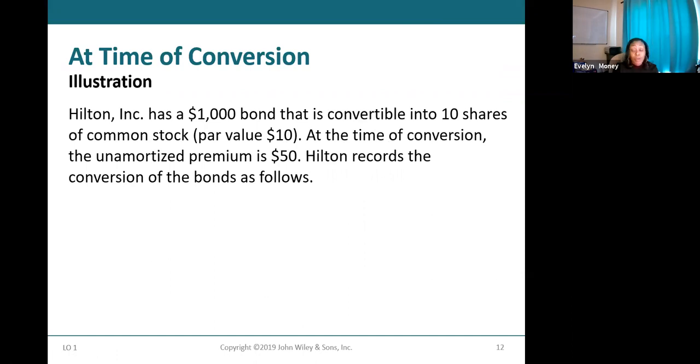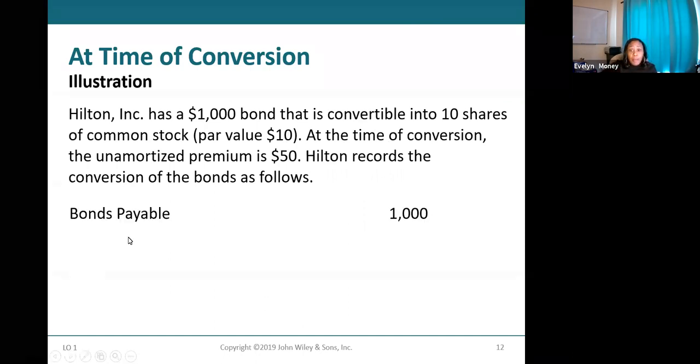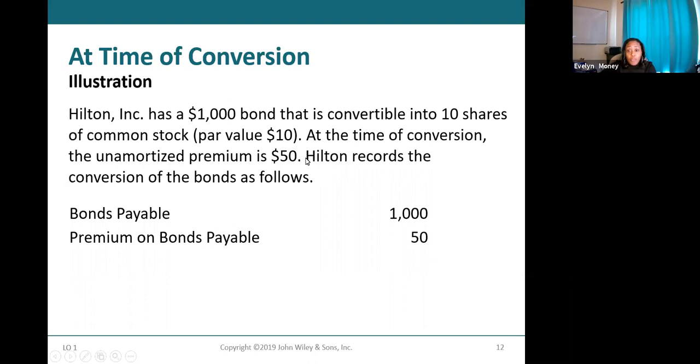So we're going to take bonds payable off the books, we're going to take the premium on bonds payable off the books, and we're going to put the common stock on. So this means we're debiting bonds payable for the $1,000. We are debiting the premium on bonds payable for $50. That's the unamortized premium.